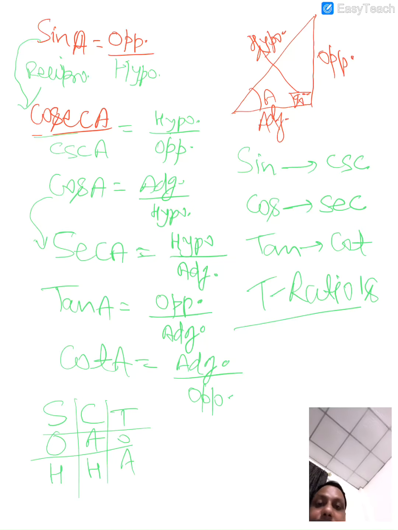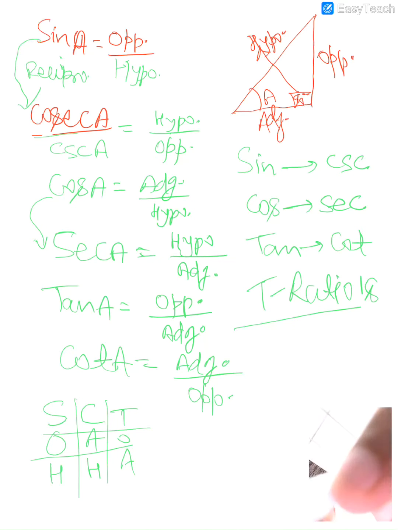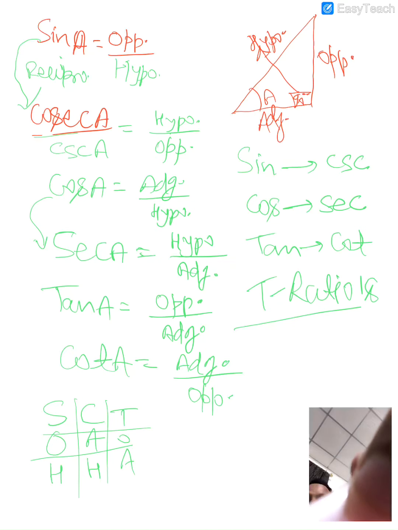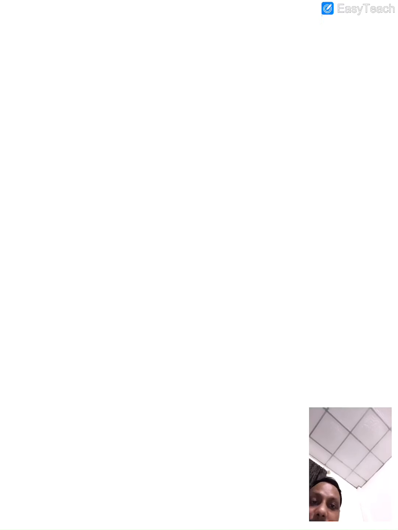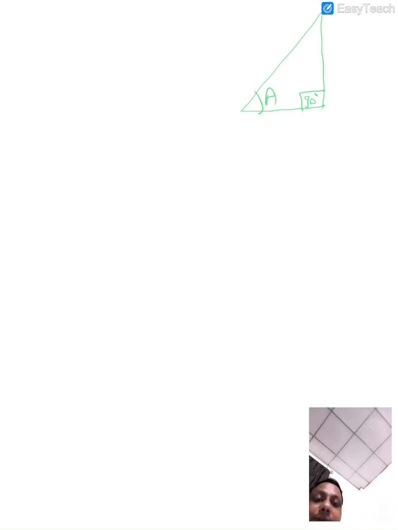Now once you have done it till here, we are going to learn some trigonometrical formulas and tables also, and by that we can easily understand everything. So see, a new page is going to start, and over there I'm going to make a right angle triangle once again to let you understand easily. Later I'm using A, but you can use theta also, there is no difference, this only represents the angle.